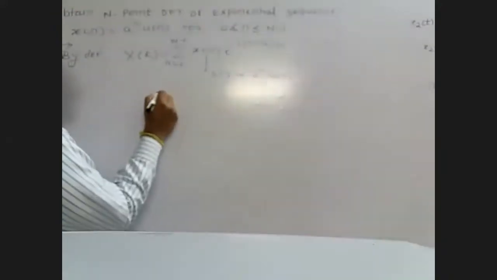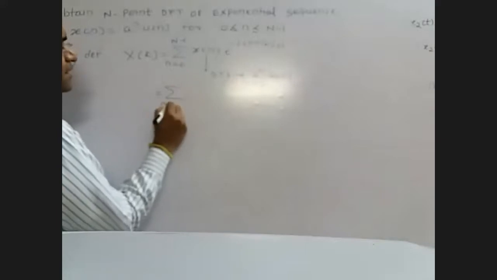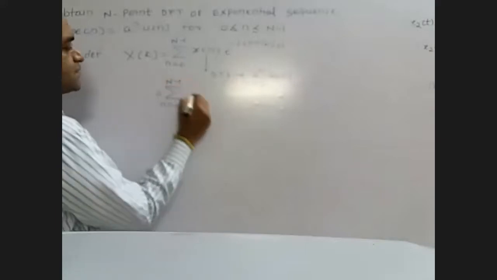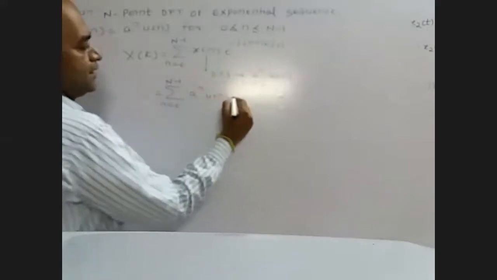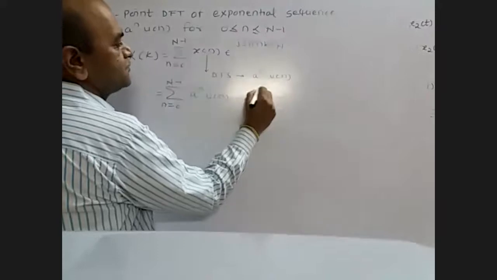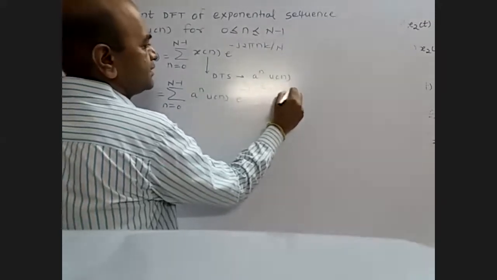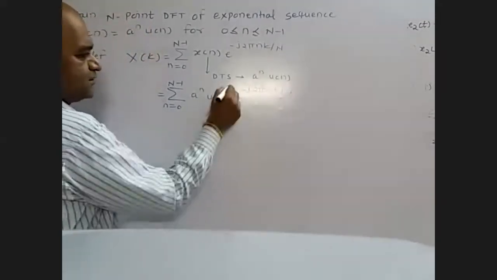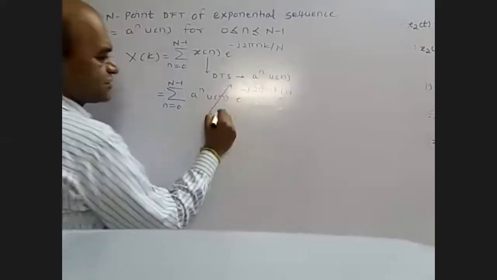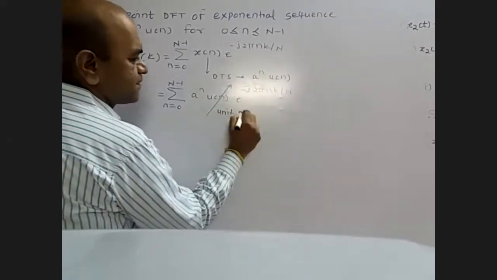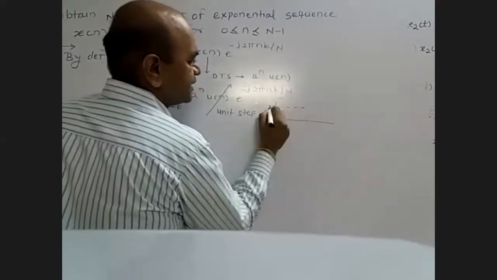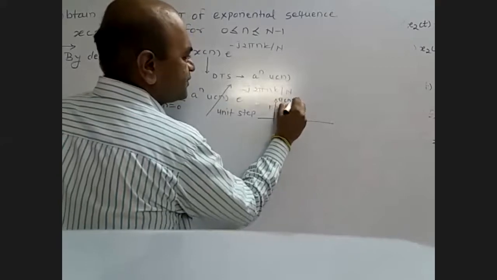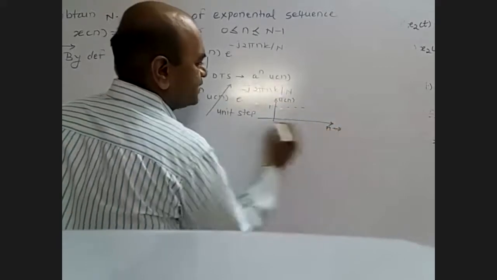Now we put it in our expression. So we will say summation of n is equal to 0 to N minus 1 a raised to n u of n, e raised to minus j 2 pi n k by N. But this is a unit step signal, and its amplitude is unity, 1 for all values of n.